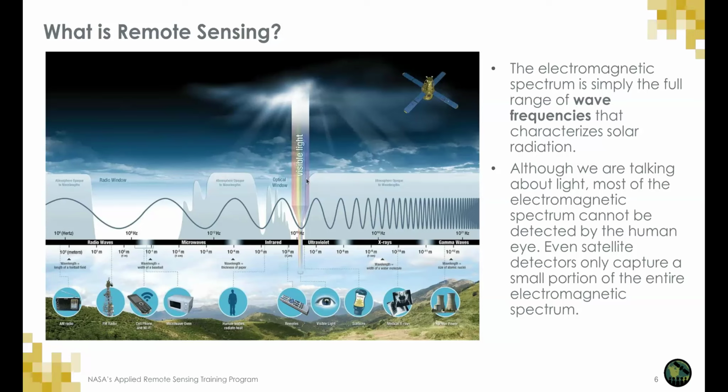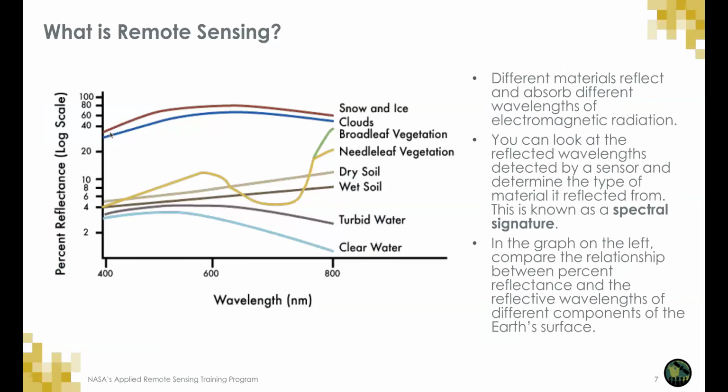If I sit next to a shirt that is green, that means white light is landing on it, but green is being reflected back to my eyes. All the others are being absorbed, but green is being reflected back. Okay, so based on that property, we can see that ice and snow are bright throughout from 400 nanometers to 800 nanometers.